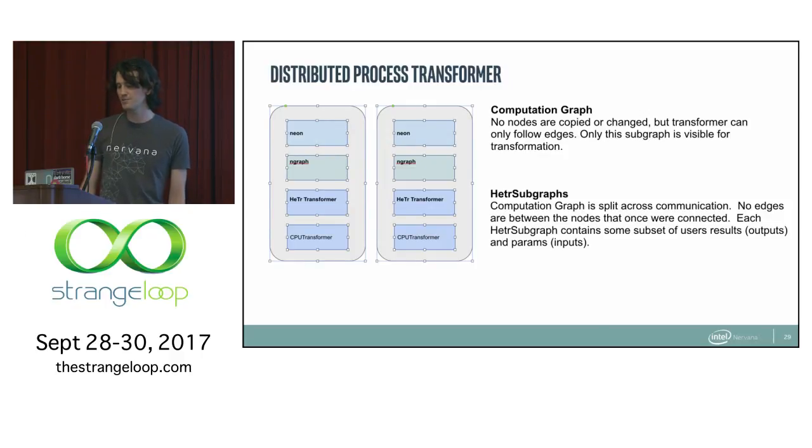The user will have specified in their script that they'd like to take this part and distribute it across different machines. And so then we're able to clone the graph and create subgraphs, which we call Heter subgraphs, and split those and create communication nodes.